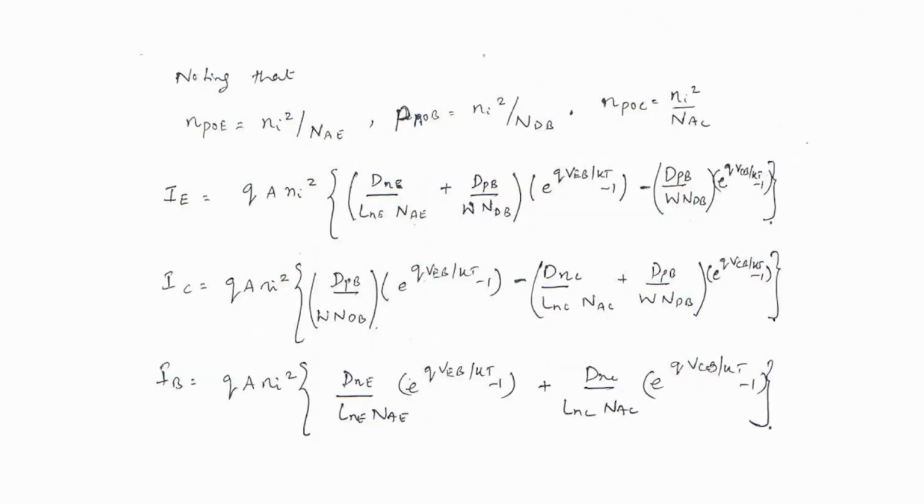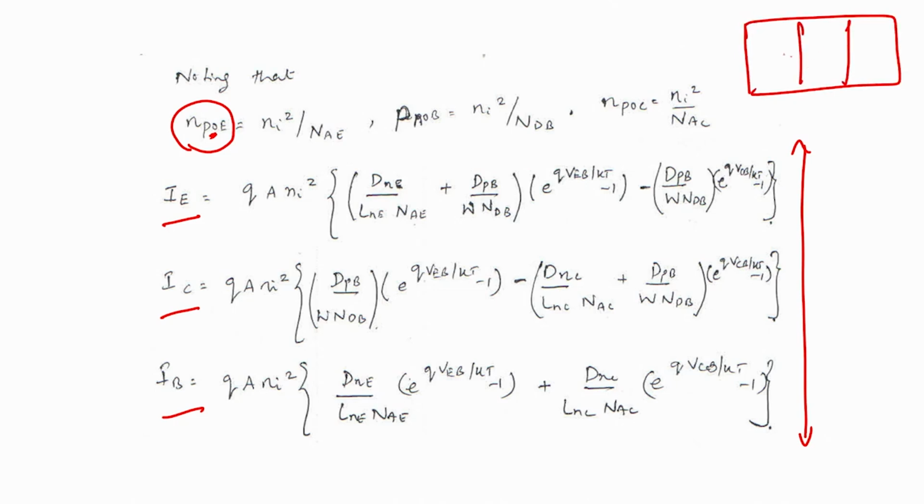So, just to put them all together, I have written down the emitter current, the collector current and the base current, and I have gone one step further, since we know this is the equilibrium concentration. NPOE is the equilibrium concentration of electrons in the p type emitter, right. So, we have the PNP emitter, base, collector.